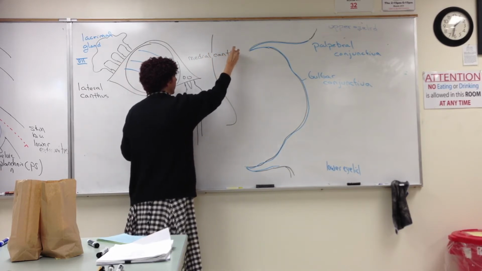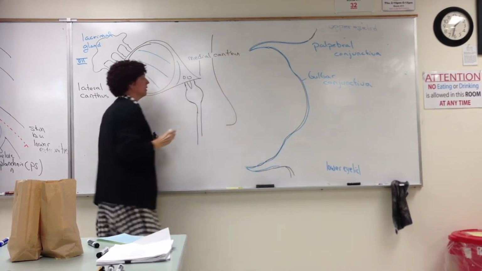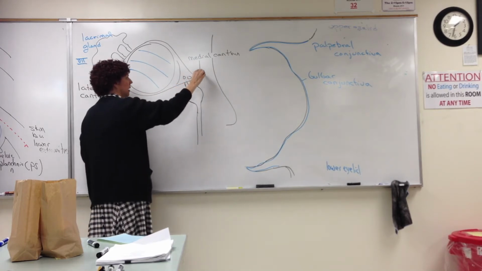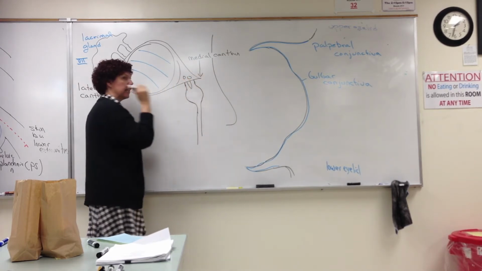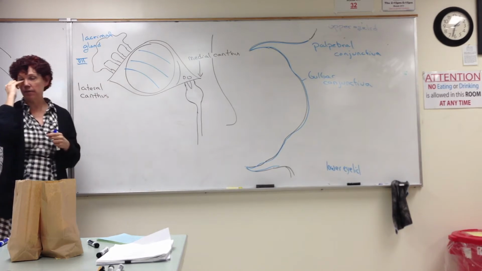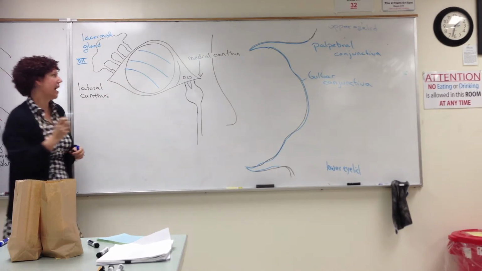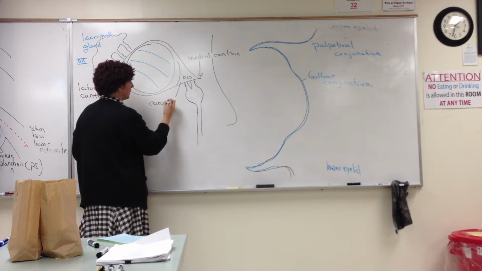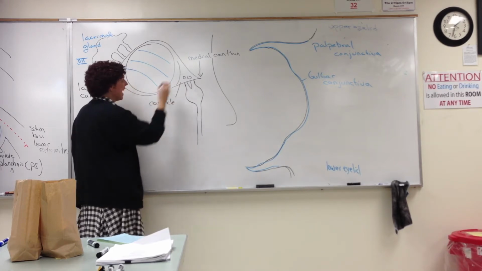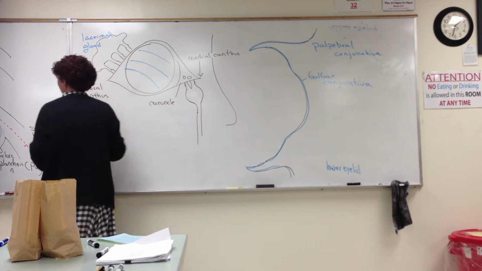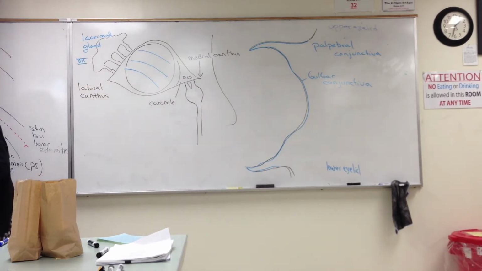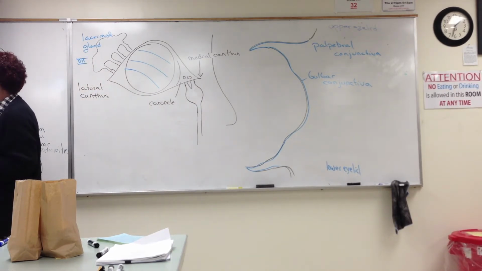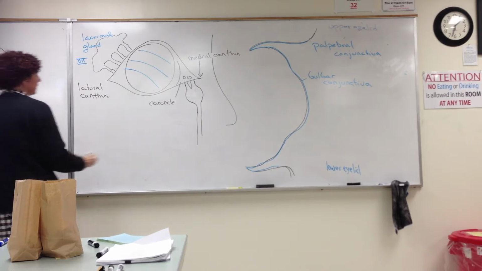Where the two eyelids come together here is the medial canthus. And this moist area, where you get the sleep in the morning that you dig out of your eyes, is the caruncle. Sounds like a boil. The two openings located right here are the punctum. You can't see them very well on the picture, but punctum.